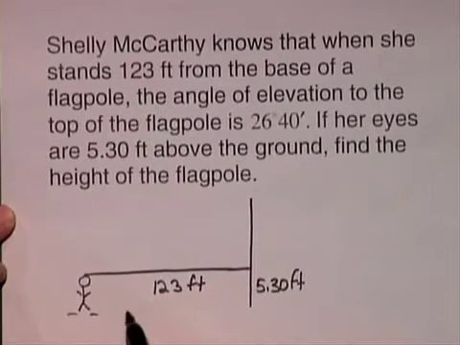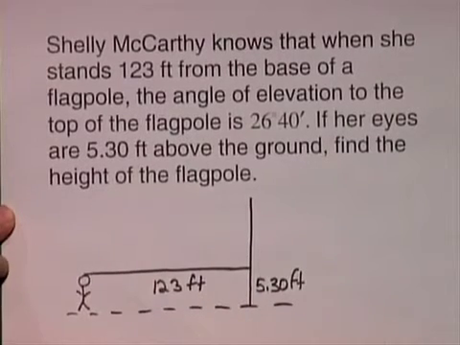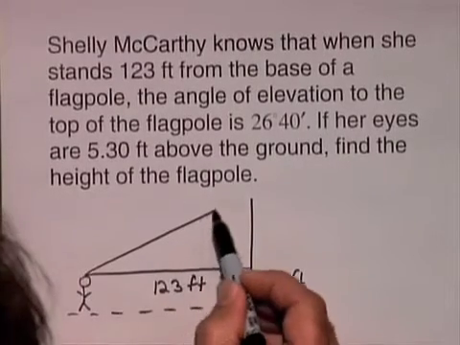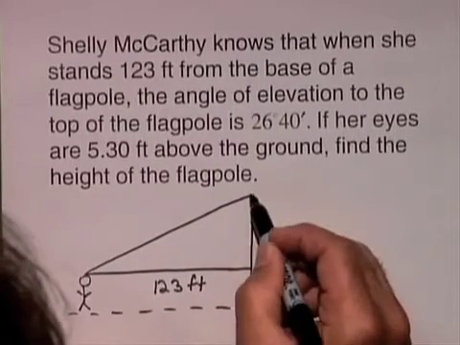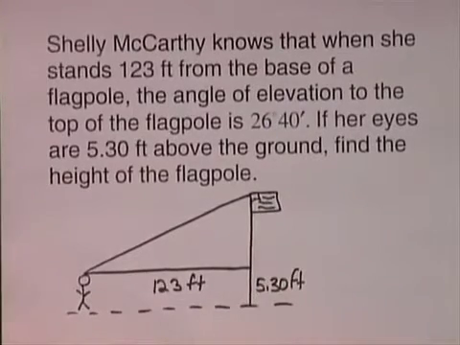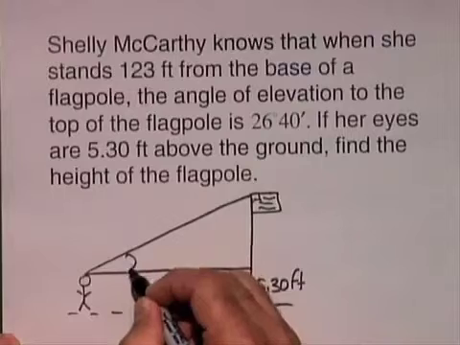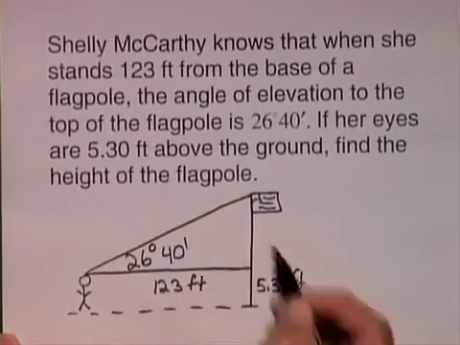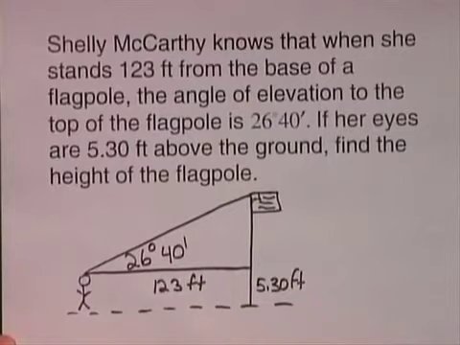So let me draw the ground here to make that clear. And so now she's looking up at the top of the flagpole. Here's our little flag. And so we know this angle of elevation is 26 degrees, 40 minutes.